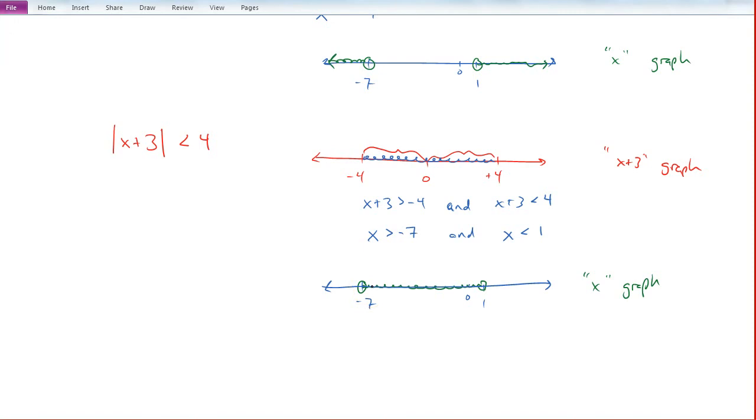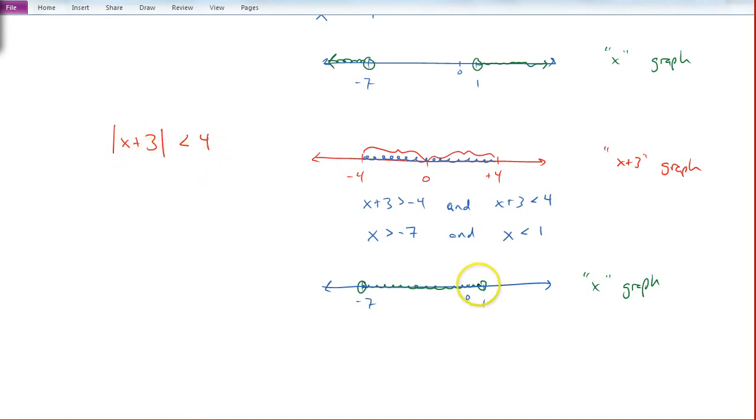And except the numbers 1 and -7, because if you put 1 in there and we try it out, we get the absolute value of 1 plus 3, which is equal to 4. 4 is actually not less than 4. So I cannot include 1 in my solution, but as soon as I pick a number just less than 1, like 0.9, 0.9 plus 3 is 3.9, the absolute value of 3.9 is 3.9, and 3.9 is indeed less than 4.